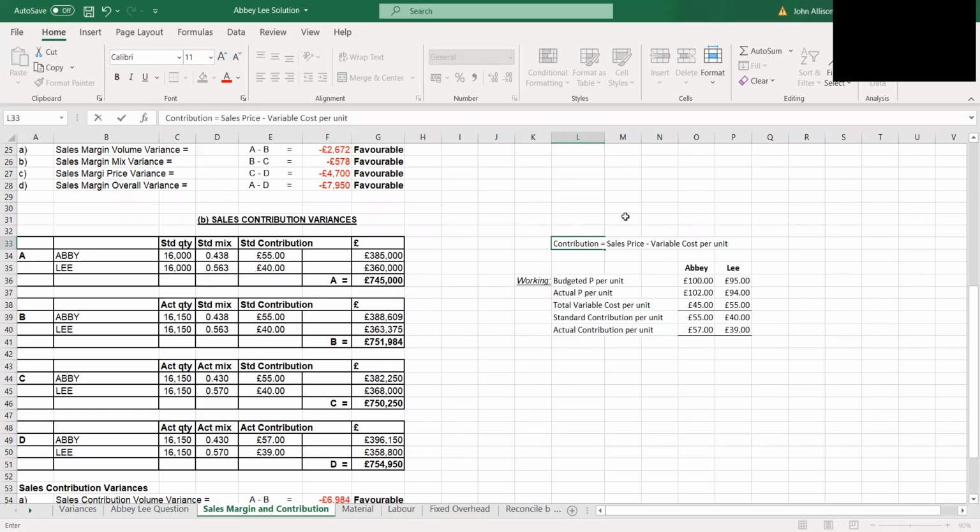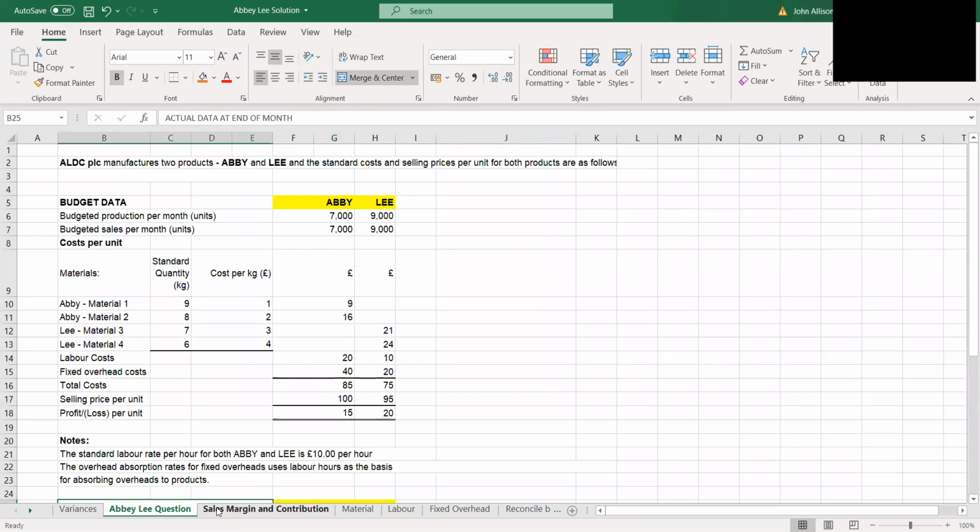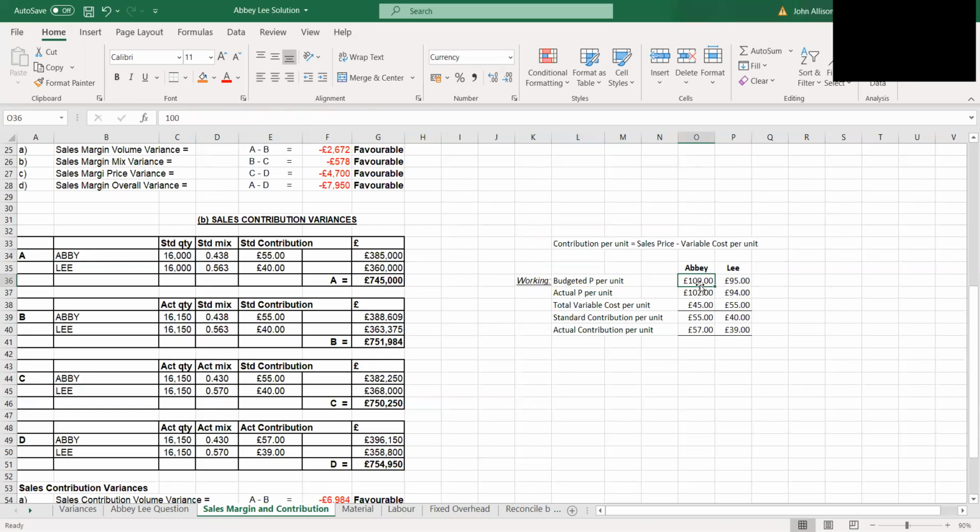That'll give us the contribution per unit. So contribution is sales take away variable costs. It shows us how much we're going to contribute towards fixed costs before we get profits. So what we need to do then is take off the variable costs. So it's basically the same calculation, except this time we're excluding fixed costs.